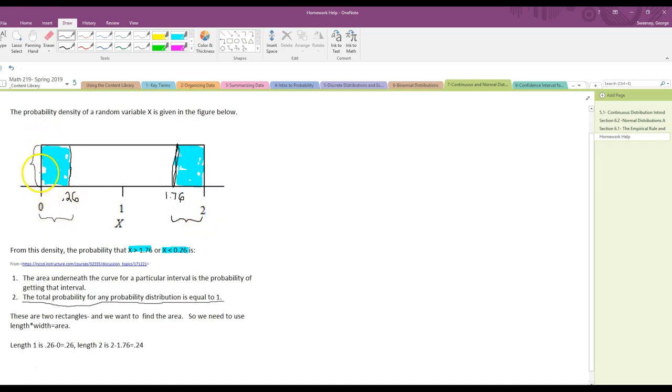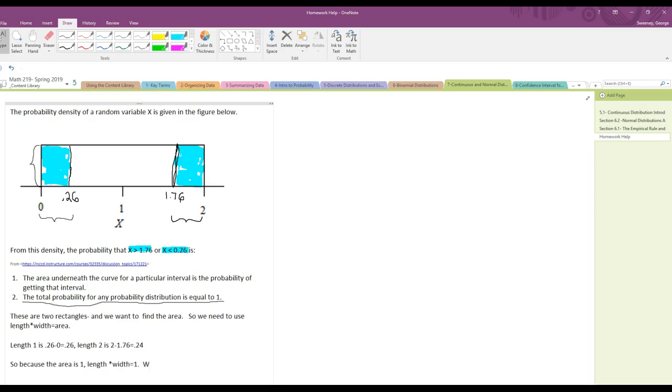So the height is going to be what times 2 gives me 1, because length times width will equal the area, and the area is 1.